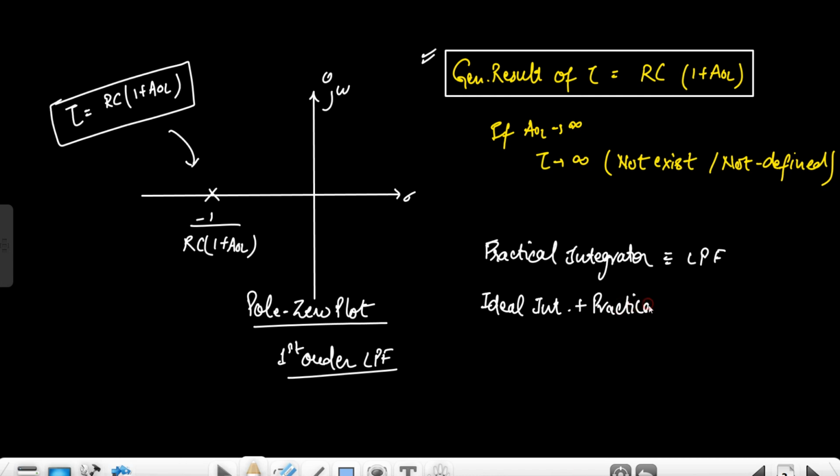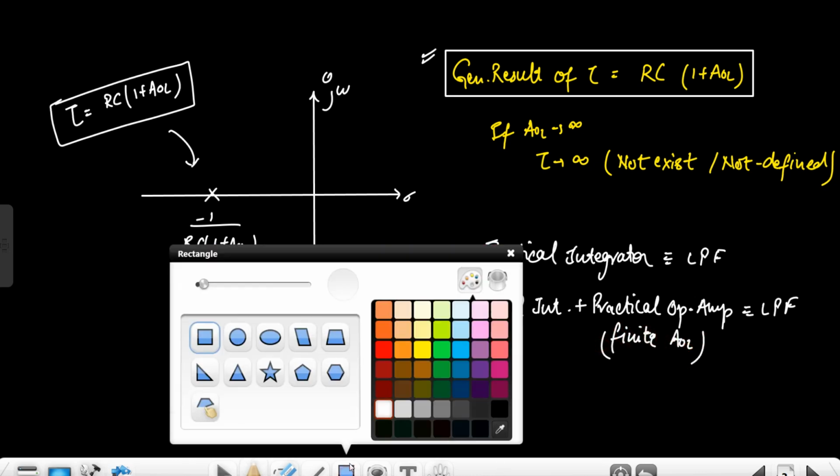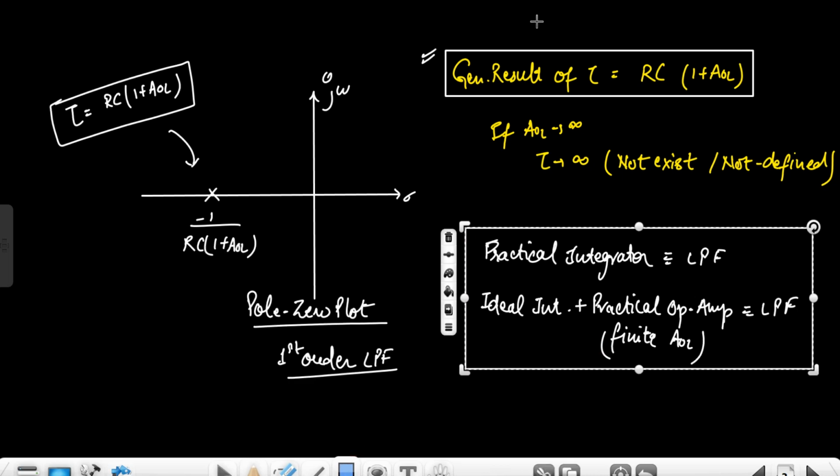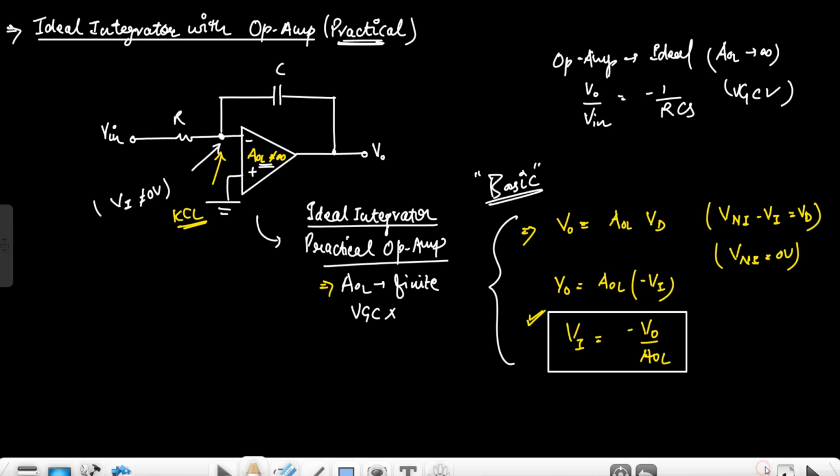So an ideal integrator plus a practical op-amp also behaves as a low pass filter, or we can say an ideal integrator with a finite AOL, finite open loop gain, behaves as a low pass filter. This is a good concept, and this is the general result of the transfer function, with time constant RC into 1 plus AOL. So this was the topic. So okay, thank you.